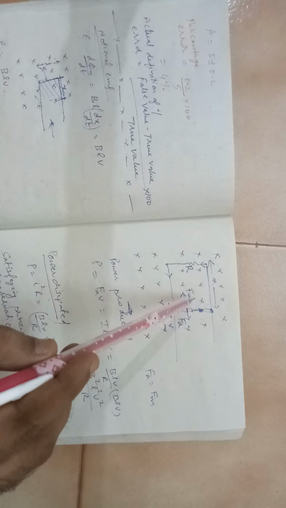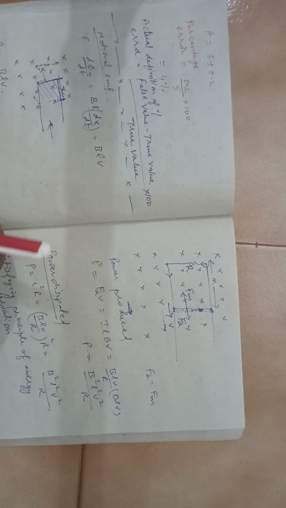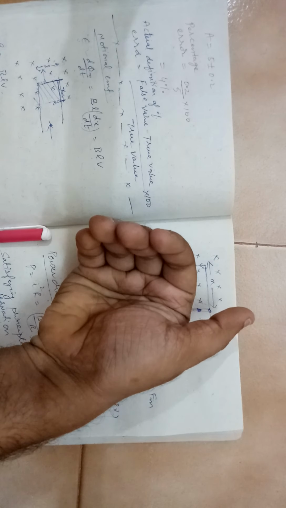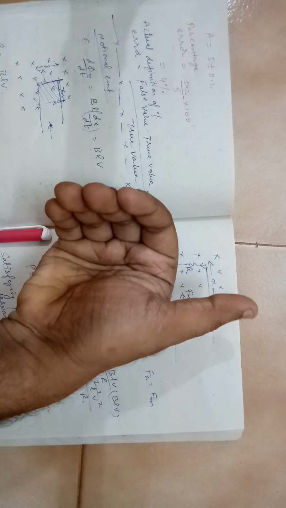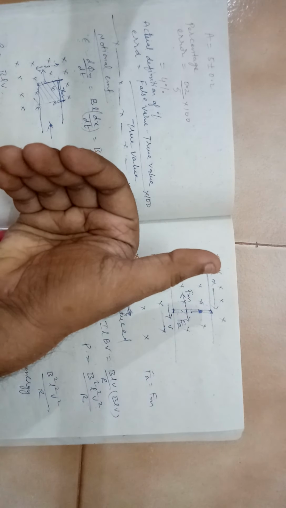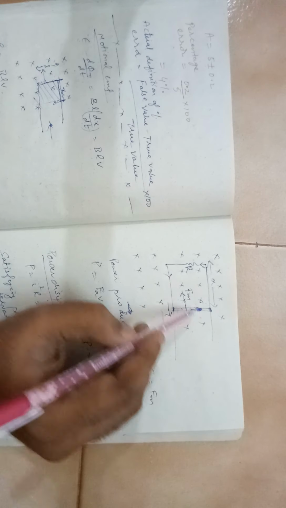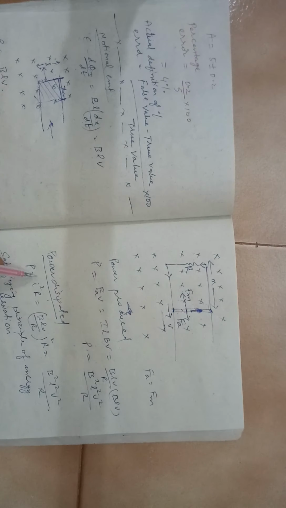That means it is penetrating into the paper. So for finding the direction I must negate it. So I should take the direction in such a way that it opposes this. So it should be like this. See, my four fingers are pointing upward and the thumb will give me the direction of the current. So that is why this direction has been shown like this. So this current is flowing like this.